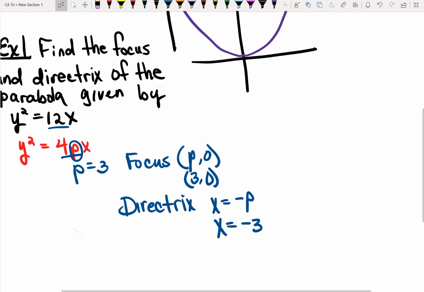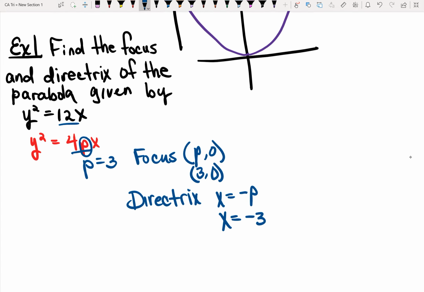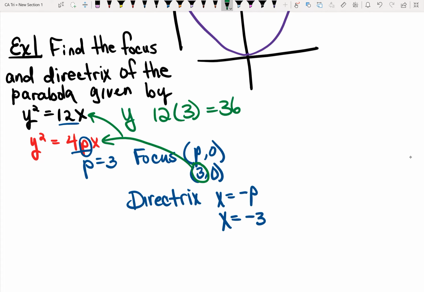As I'm looking at my diagram, one other step I need to take before I even bother drawing is this number here. 12 times 3 is 36. If y squared is equal to this, then y is equal to plus or minus 6. And that's the other y points that I'm going to need.